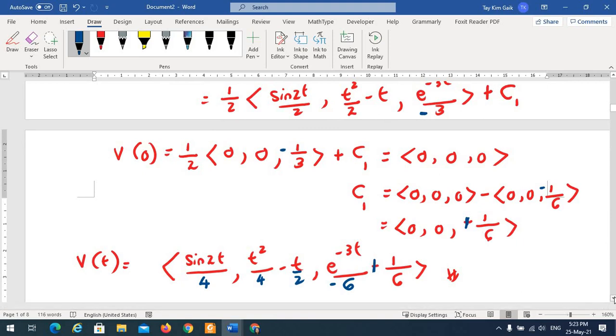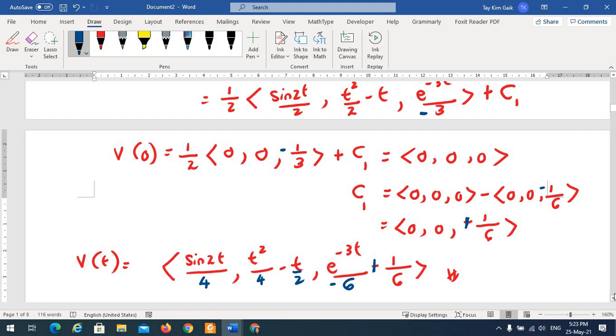Repeat one more time where v(t) is sin 2t over 4 in component i, component j is t squared over 4 minus t over 2, and component k is e to the negative 3t over 2 times negative 3, so negative 6. This C1 we obtained is actually plus 1 over 6.